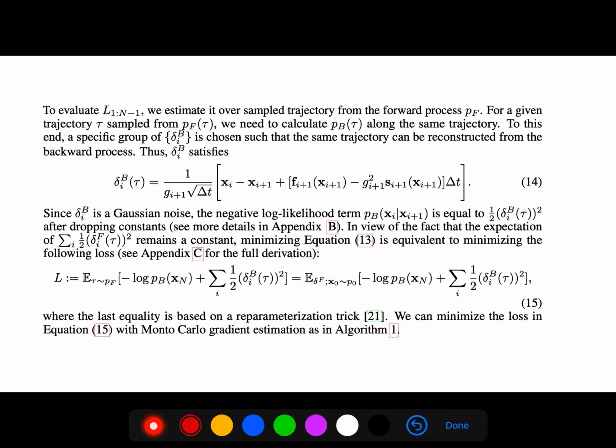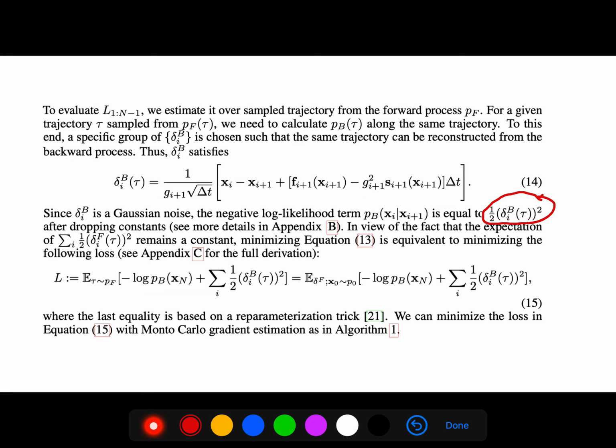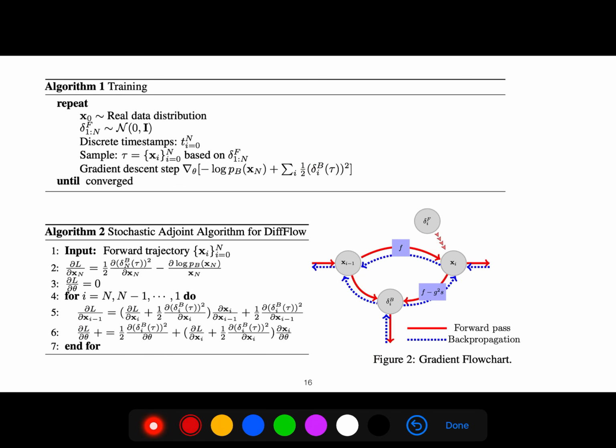Since delta is Gaussian noise, the negative log likelihood is equal to this after dropping the constants. So this equation 13 that you see in our papers is equivalent to just minimizing the following loss. Now it is very much simplified because, as I said, it's Gaussian and has many simplifications.